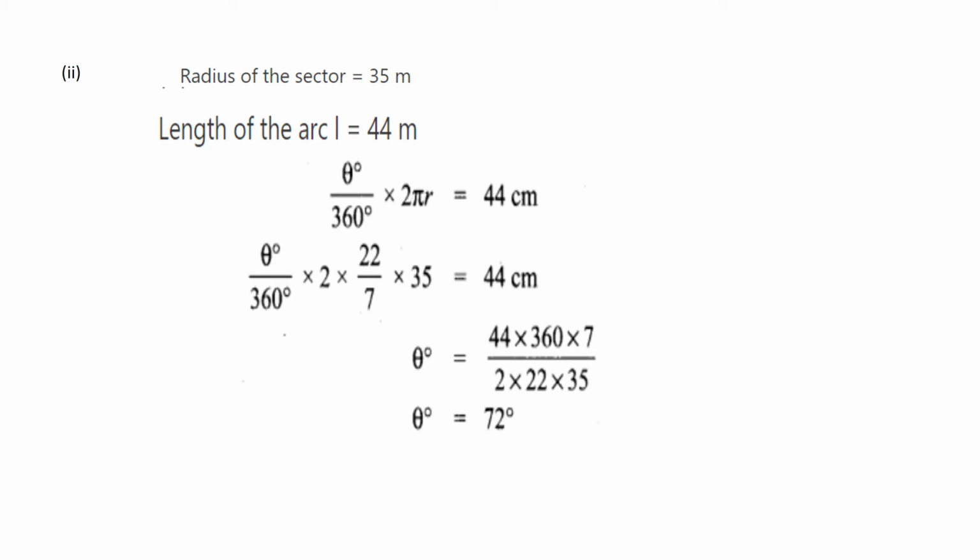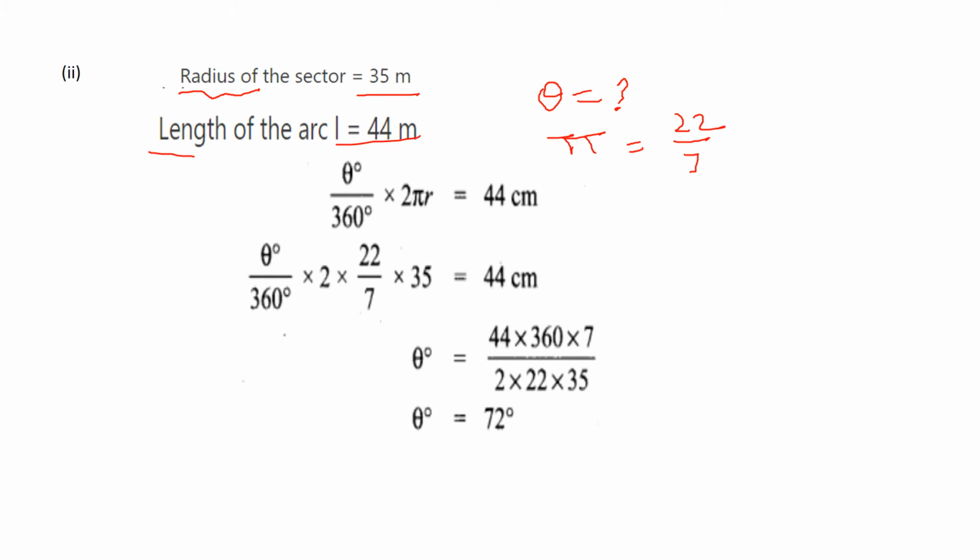Second sum, given data: radius of the sector 35 meter and arc length also given. So we have to find out the theta. And here also you use pi equal to 22 by 7.